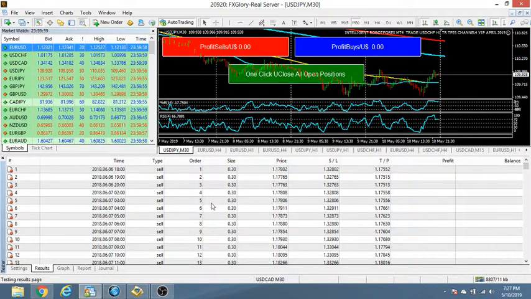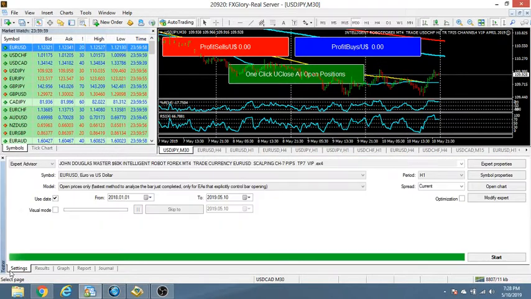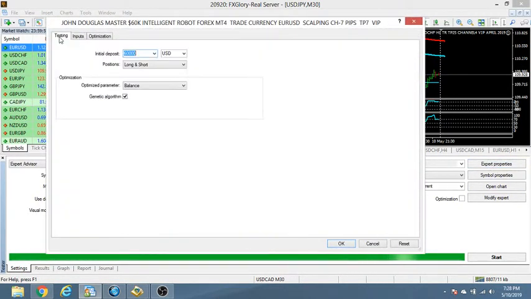That's how you start the lot size: the first thing is to enter the right values. Which one do you want to start? It's at 0.3. Now say you want to start with 0.5. Let's say this one is 60k, 60,000.